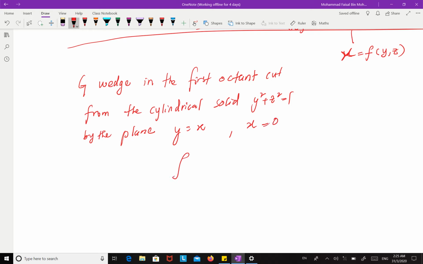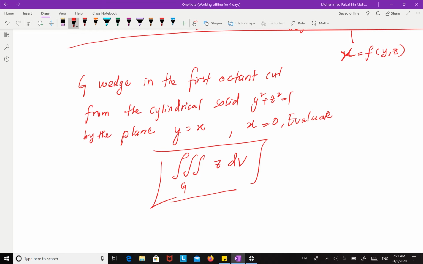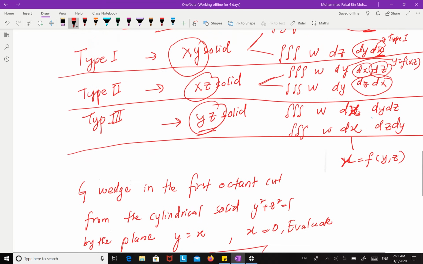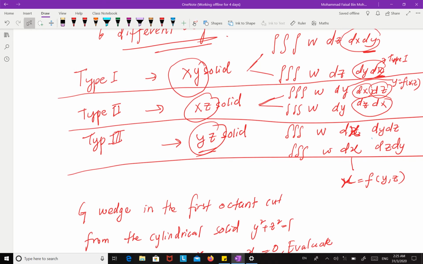So evaluate. They ask you to evaluate the triple integral over solid G of z dV. So again, you can use any type 1, type 2 or type 3.